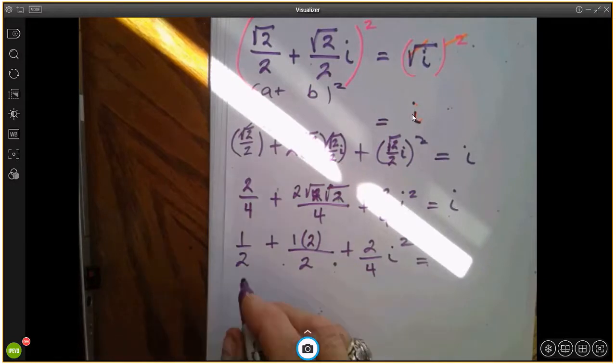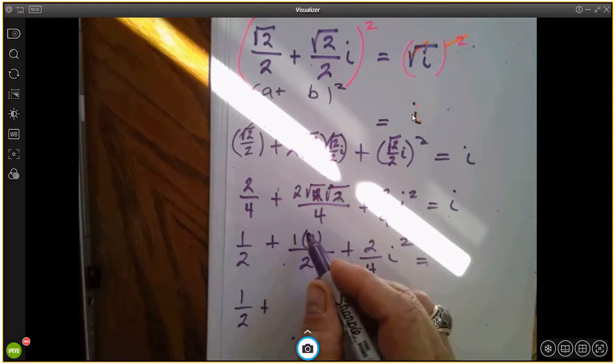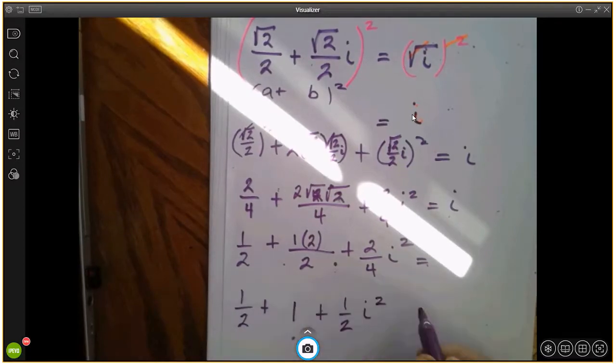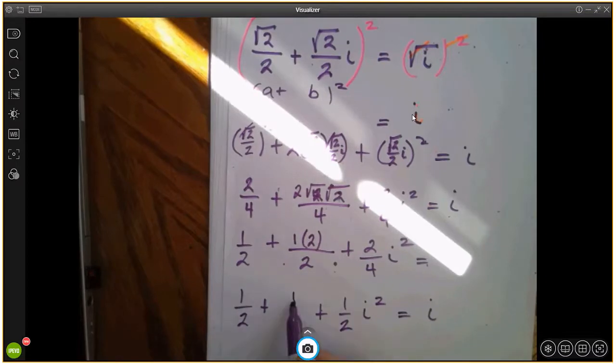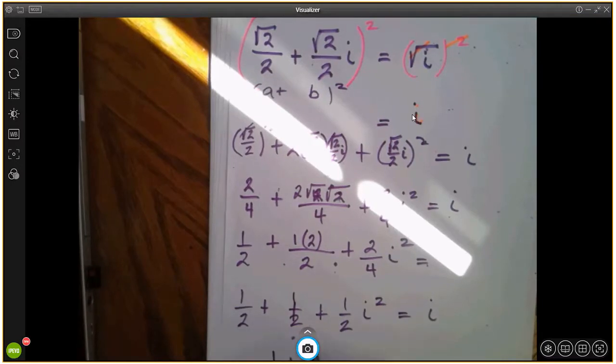That's 1/2 plus this right here is going to be 2 over 2, which is 1, plus 1/2 I squared. And you've got 1/2 plus, this is 1/2. So that's 1/2 plus 1/2 is 1, plus 1/2 I squared is equal to I.